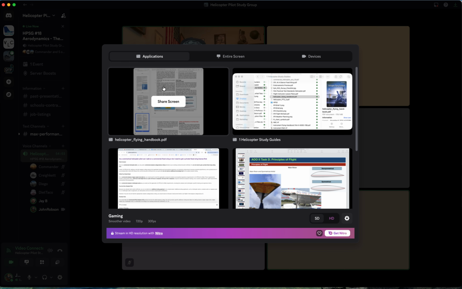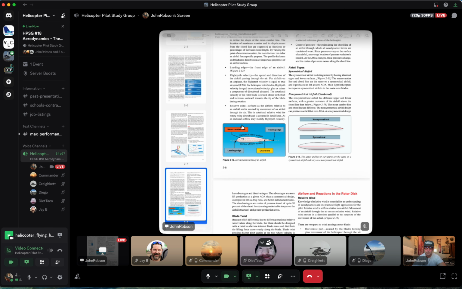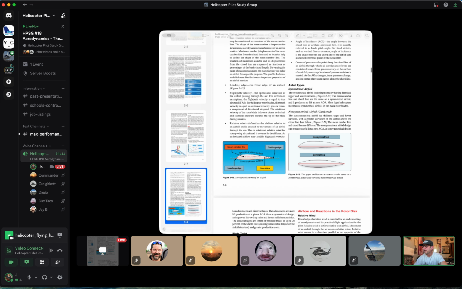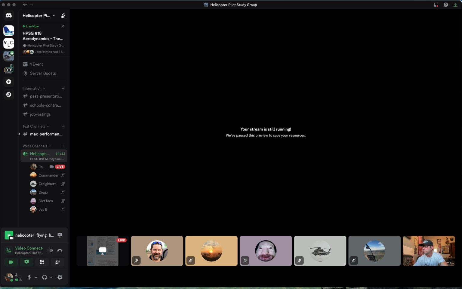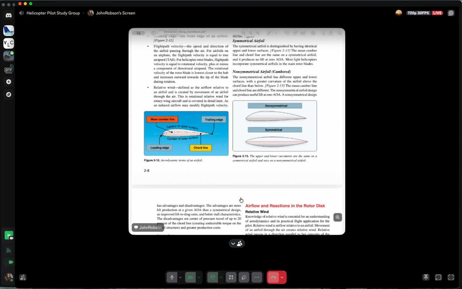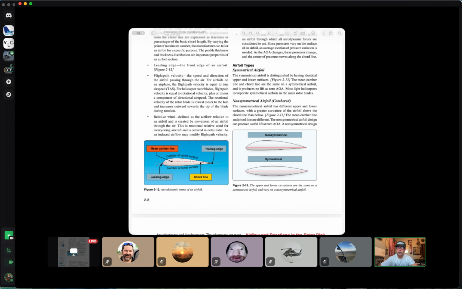Okay, I'm going to share. From the Helicopter Flying Handbook here, where I got that information. And I had an idea, kind of an epiphany, I recall, but I lost it.